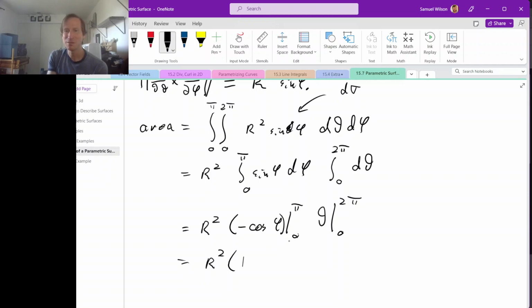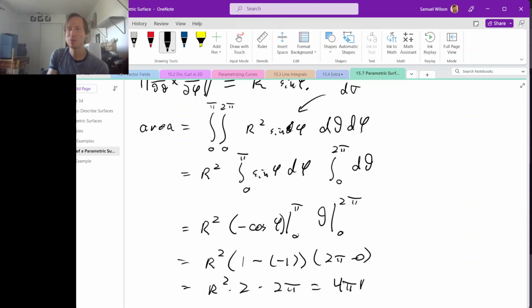And when plugging in the bottom bound, we get minus cosine of 0, so that's minus 1. And for theta, we get 2 pi minus 0. So this is r squared times 2 times 2 pi. And yes, indeed, as we expected, that is 4 pi r squared. So our formula for the area of a parametric surface does appear to be working.